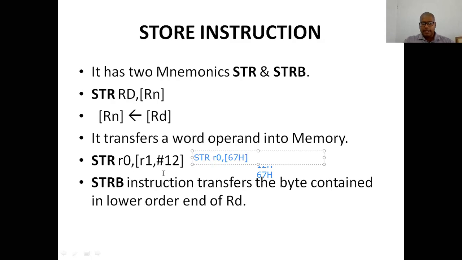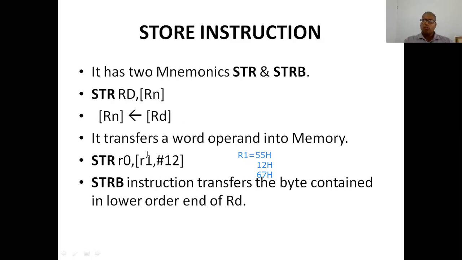That means I have replaced the entire R1 comma hash 12 with 67h. So now 67h is considered as an address, and whatever value is present in the R0 register is going to be dumped into the 67h address. That is called a store operation.